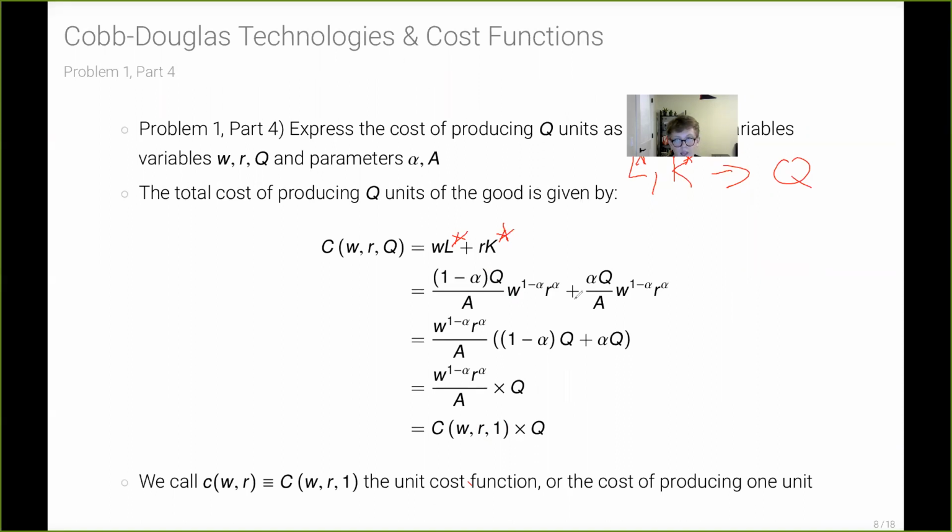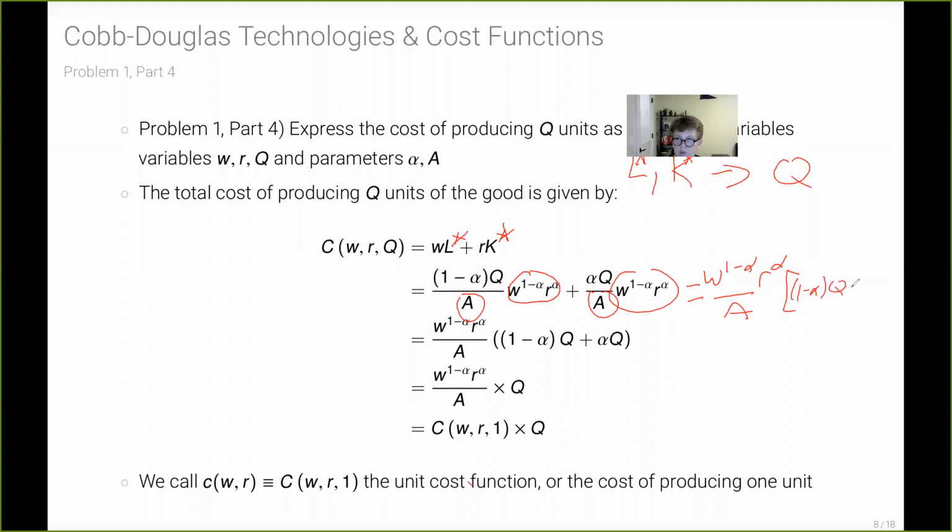Okay. And so I can make a couple of simplifications. Note that this term here is the same across both this term and this term. And also I have that A is in both terms. So what I can do is pull out W raised to the 1 minus alpha times R to the alpha over A. And then what does the term inside become?